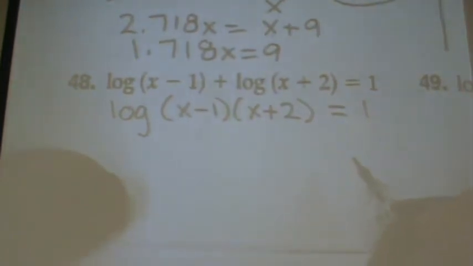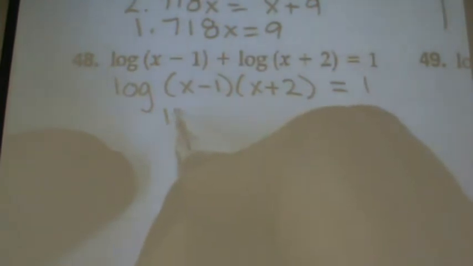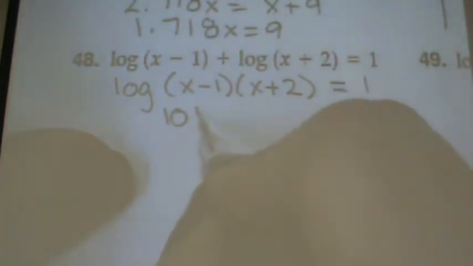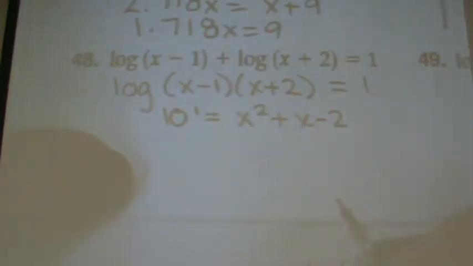Okay, Hannah, what's the base? 10. So this is 10 to the first power equals, do you want to factor it right now? Yes. x squared plus x minus 12. Did I do it right? Yeah. Okay, next, what do you do?